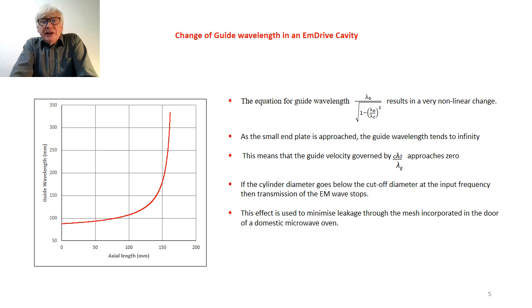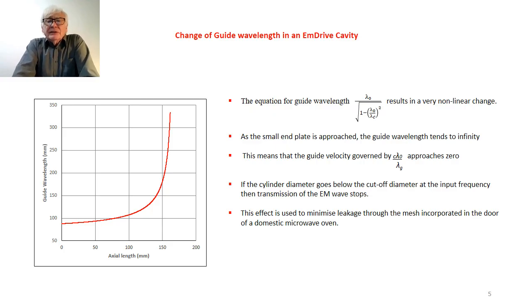In fact, you can see that as the small end plate is approached, as we go along the increasing axial length, then the guide wavelength actually tends to infinity. It becomes almost a vertical straight line in the plot.